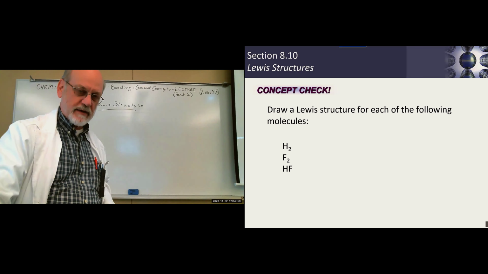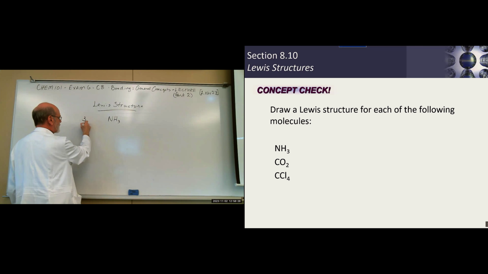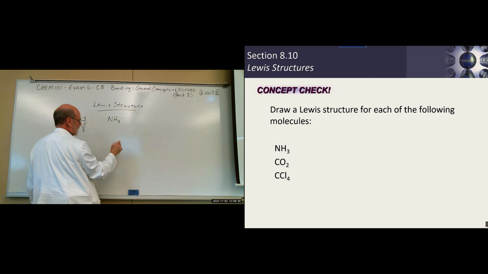So let me pick one. I showed you ammonia earlier, but I didn't show you how I got there. All right, so let's do ammonia. NH3. Okay, so we have 3 electrons for hydrogens. 3 times 1 is 3. Nitrogen is 5. So we have 8 electrons.